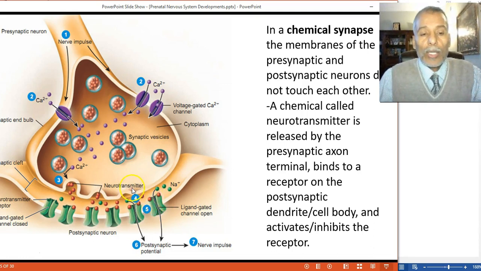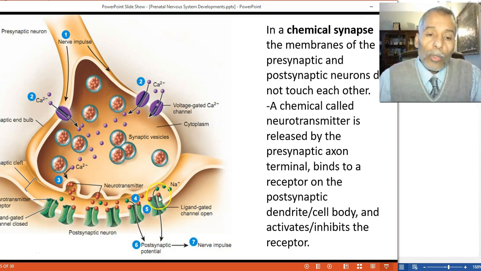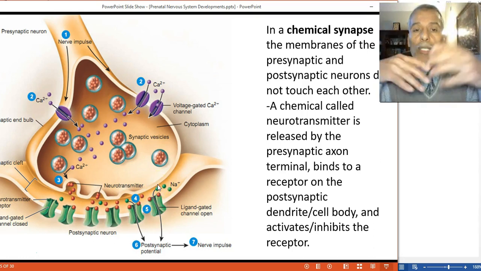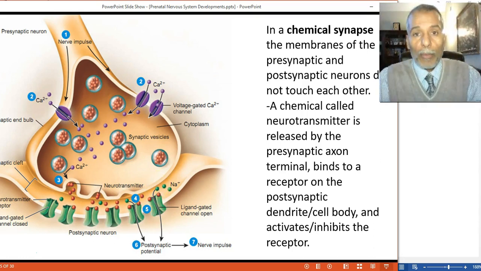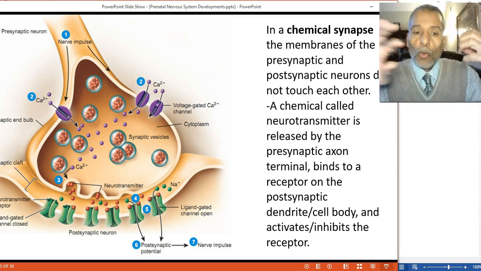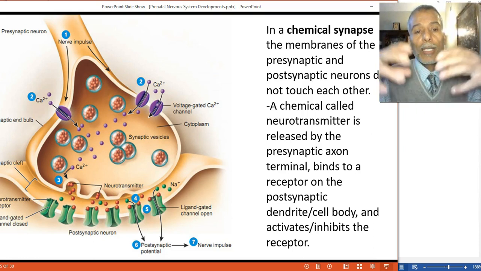So as soon as the gate is opened and these chemicals go in, then the neurotransmitter does its work. Then the neurotransmitter takes off and gets recycled or disassembled in different ways. Some of them get recycled, some get disassembled, some get stored until they are needed again, and so on.